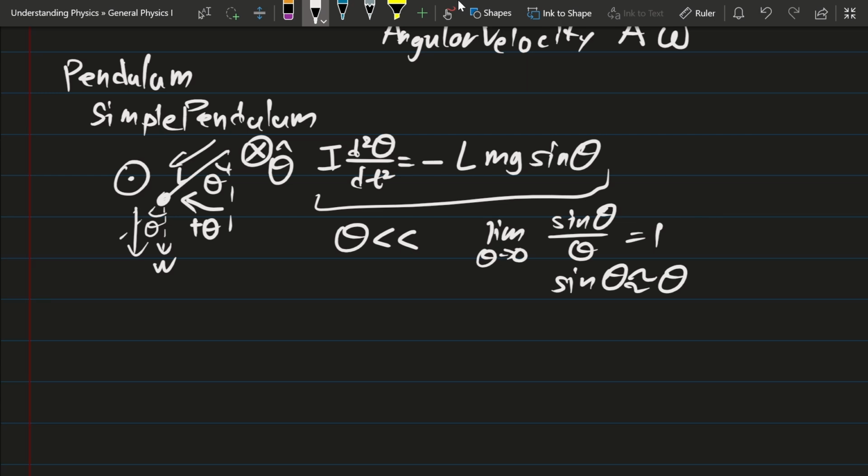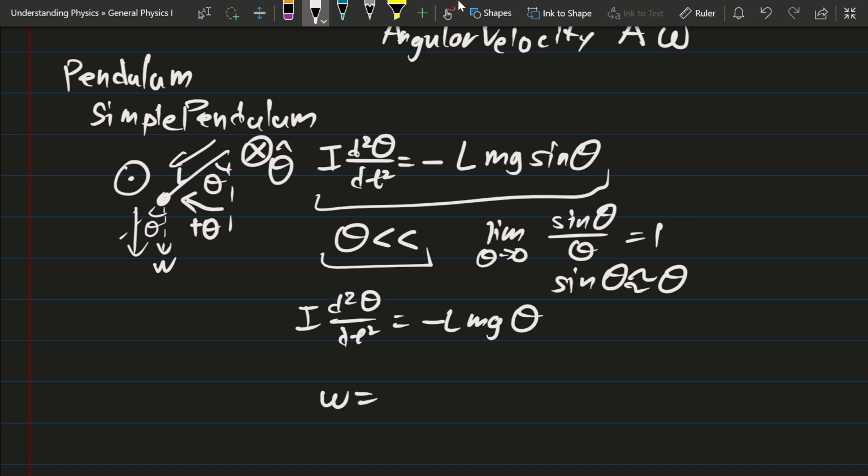So for this small case, you could write this as I d squared theta over dt squared equals negative lmg theta. So with this, you would be able to find what the omega is, which is the square root of lmg over I.